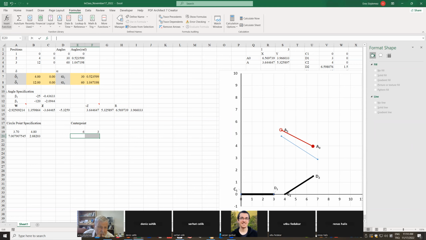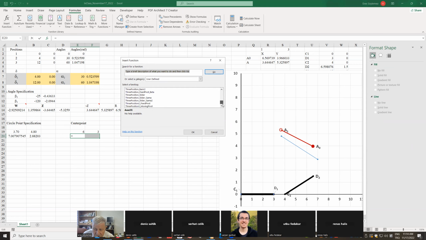Formulas. Three position, fixed pivots. If you use beta, it will return angles. No, I don't want that. Fixed pivot. Let's see that. It returns the location of the moving pivot minus z, minus zx minus zy, when the 3 positions, alpha 2, alpha 3, delta 2, delta 3, and the location of the fixed pivot R are specified. I think that's very clear.